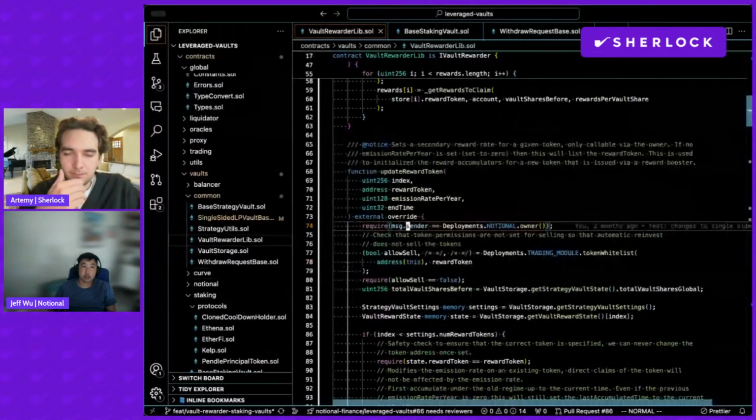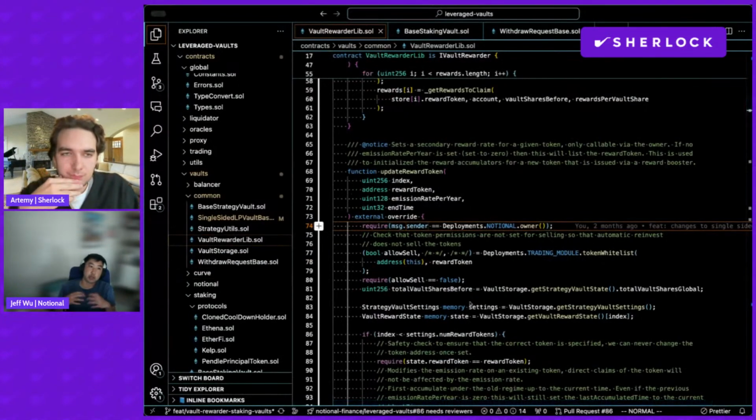Okay, so I see one question here from Tricomas. Here we'll just share the screen. So for Vault Rewarder Lib, generally speaking, as much as we can across the code base, where things are strictly required, we're going to put them in the code.